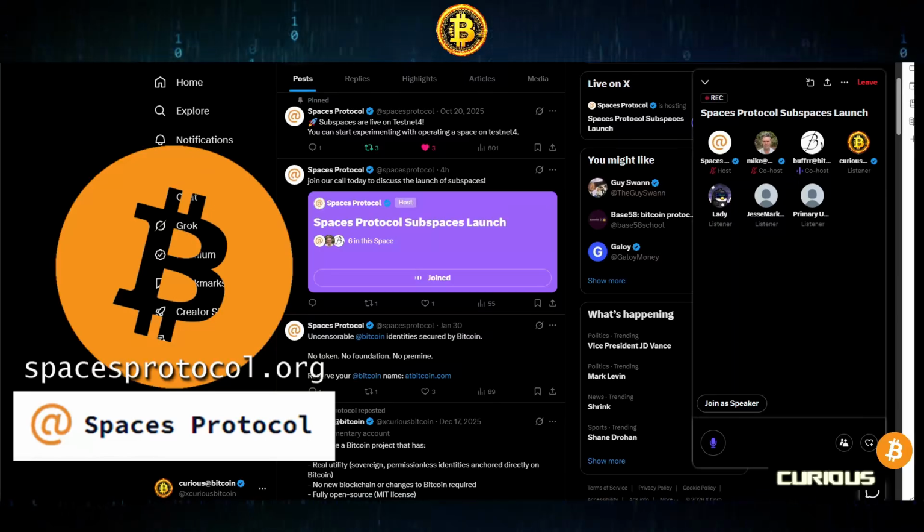And also, we created an initial faucet for at key to experiment with spaces.